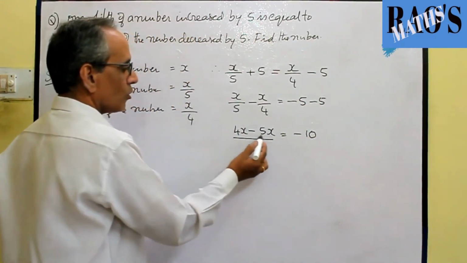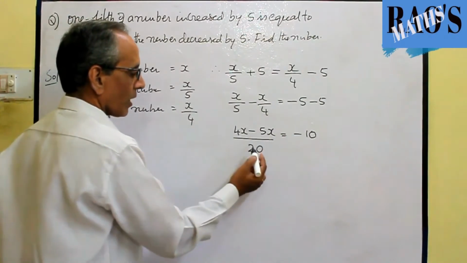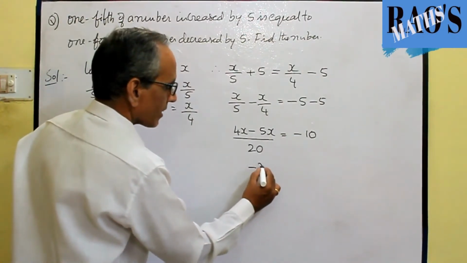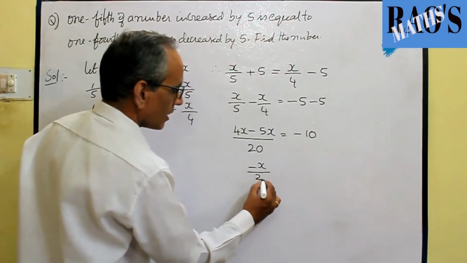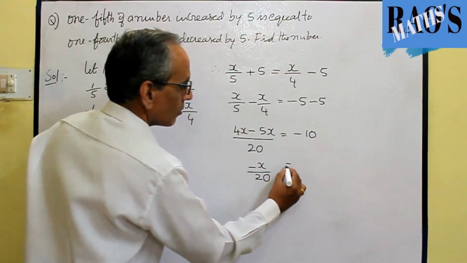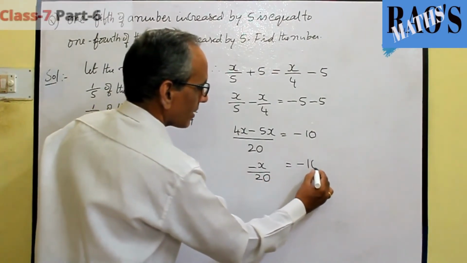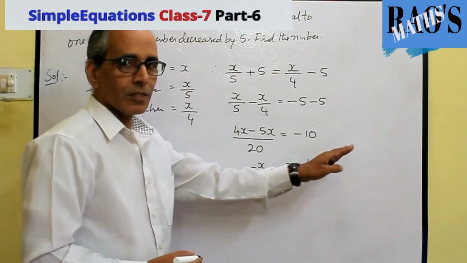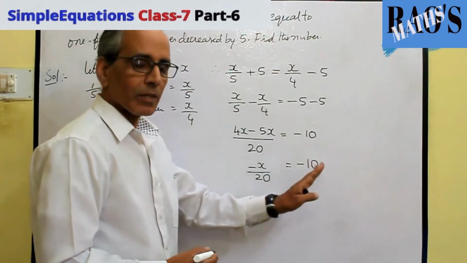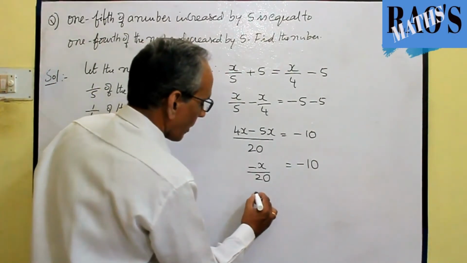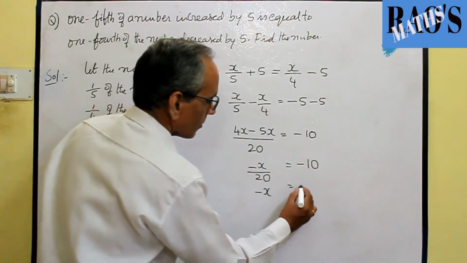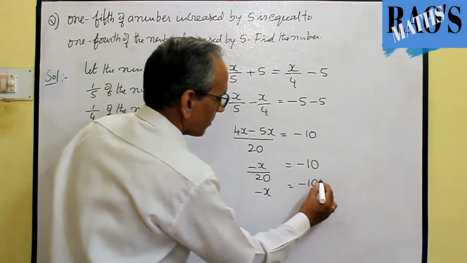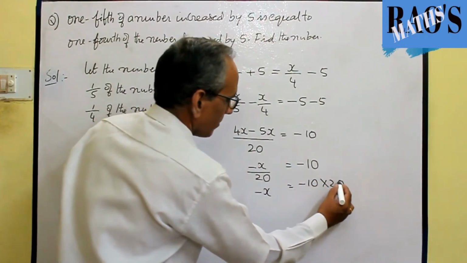And the result of this numerator is minus 5x plus 4x. So minus x by 20 is equal to minus 10. Okay. I transpose this 20 to the RHS so that it multiplies on the RHS. So minus x is equal to minus 10 into 20.